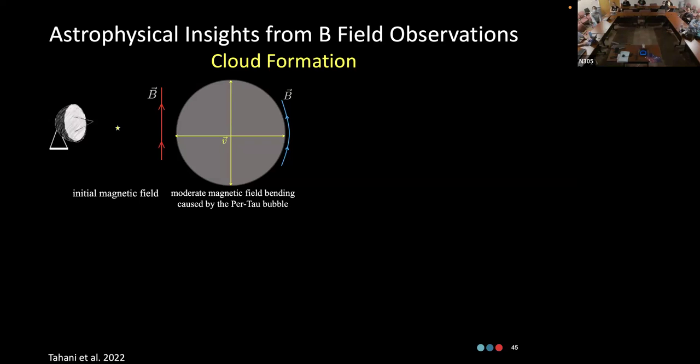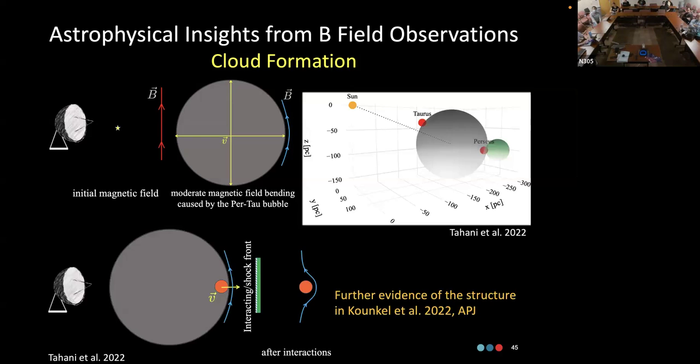We are seeing a sharp magnetic field reversal directly associated with the Perseus cloud. It's not a large structure. And in the results that they showed, the uncertainty range was relatively large. So even with that uncertainty range, we were able to see this reversal. So it should be something else.